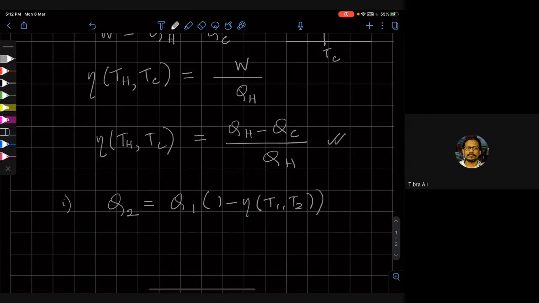Can you see that this is basically this formula? Because if I divide out by QH, the first term becomes 1. The second term is minus QC by QH, and this 1 we keep on this side, and we bring QC over QH over here, and then QC is equal to QH times 1 minus eta. So this is what we get, right?